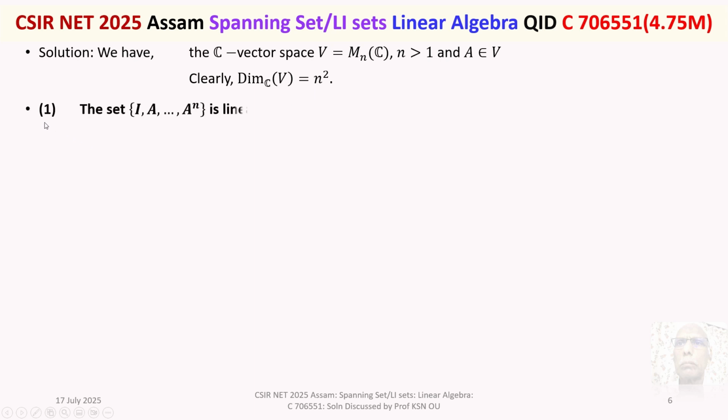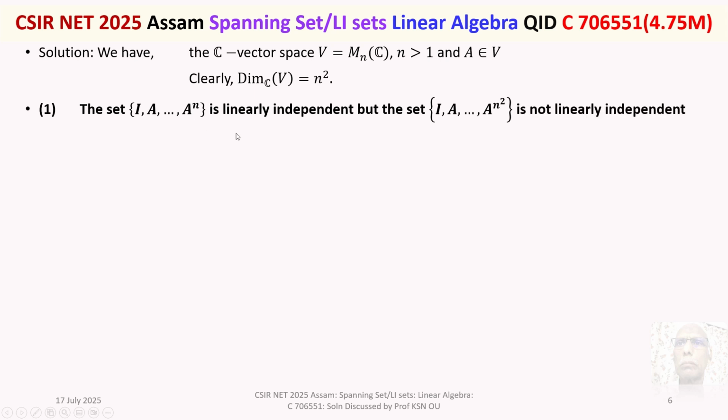Now we take the option 1. The set consisting of I, A, etc., A power n is linearly independent, but the set consisting of I, A, etc., A power n square is not linearly independent. Option 4, the set consisting of I, A, etc., A power n is linearly dependent.